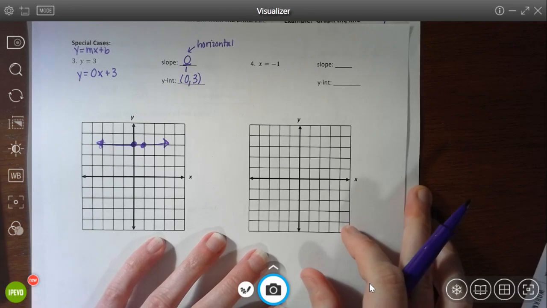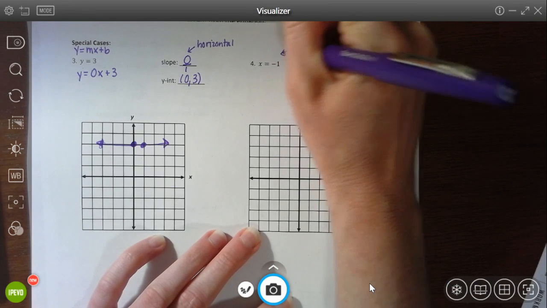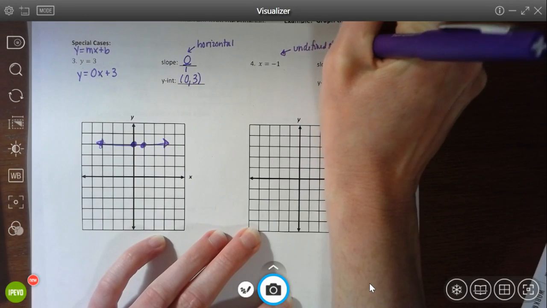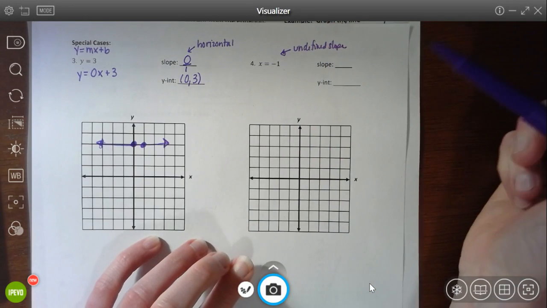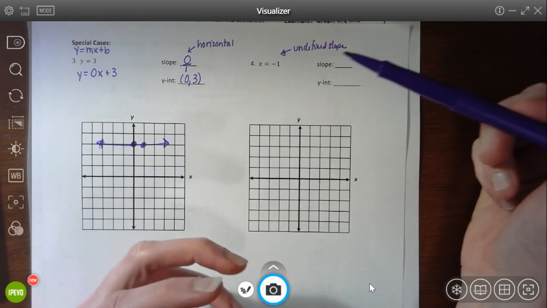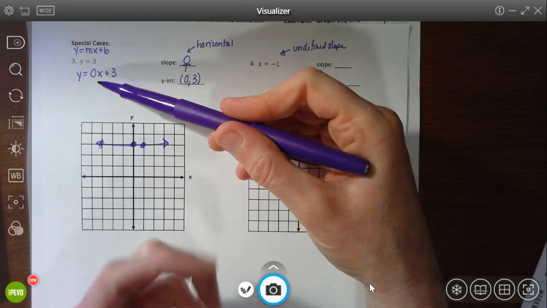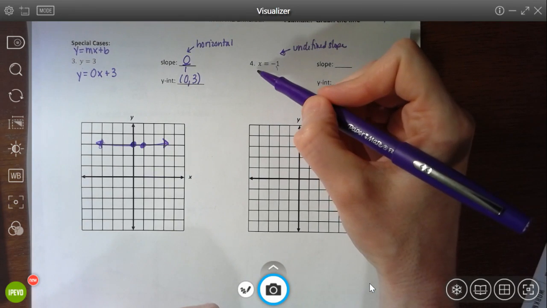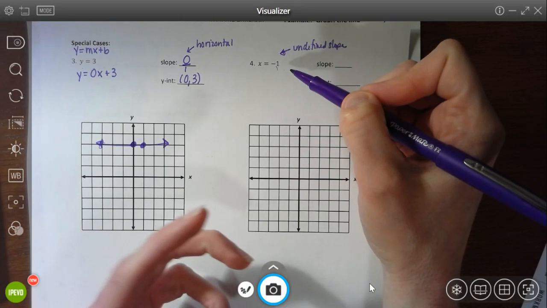Now, our last example is a line with undefined slope. When we're looking at undefined slope, that means I can't say y equals mx plus b, because if I could say that, like I did here, I would have a defined slope of 0. So when it's an undefined slope, you have an x with no y.